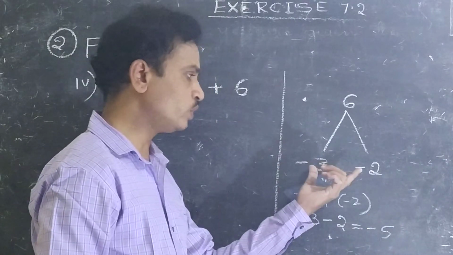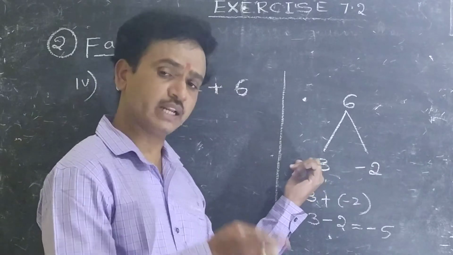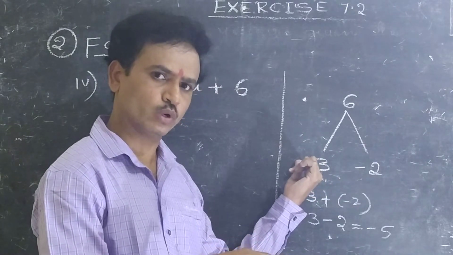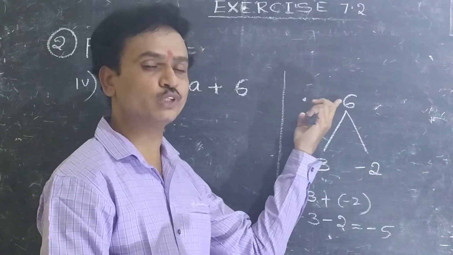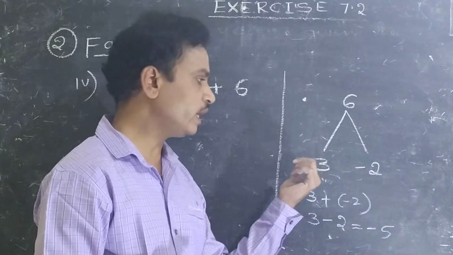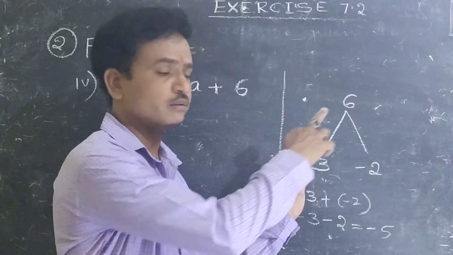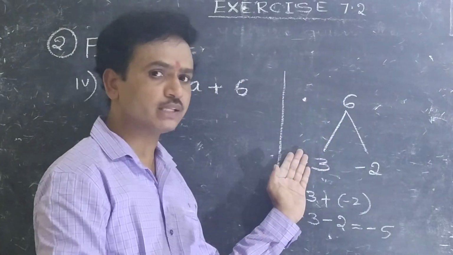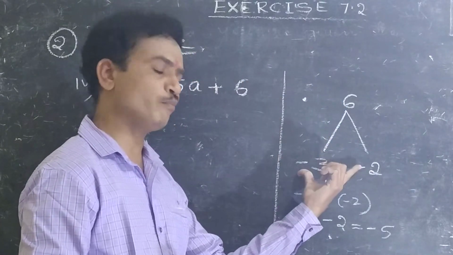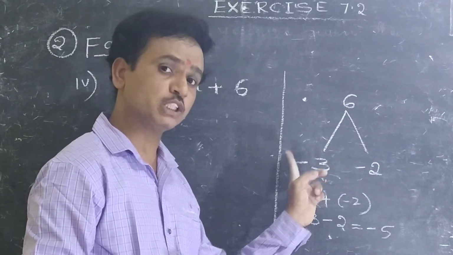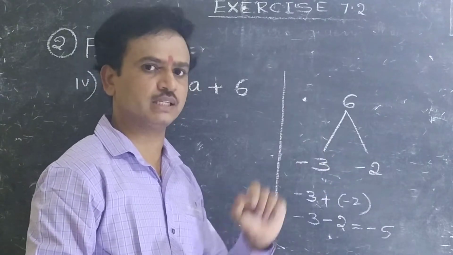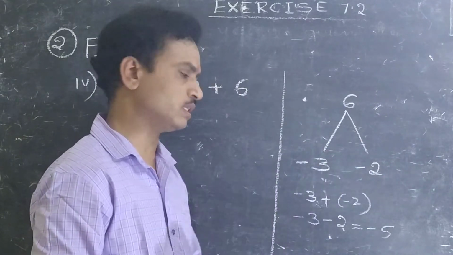Now if you take any one side negative, okay, but here we want the positive sign. If you take plus 3 and minus 2, you will get minus 6, but we want plus 6. So we should take both sides negative. Minus into minus becomes plus 6. Okay, 3 twos are 6.